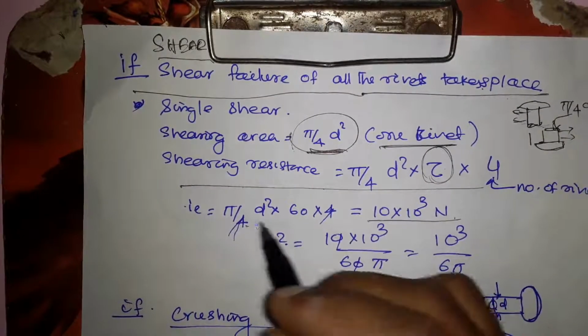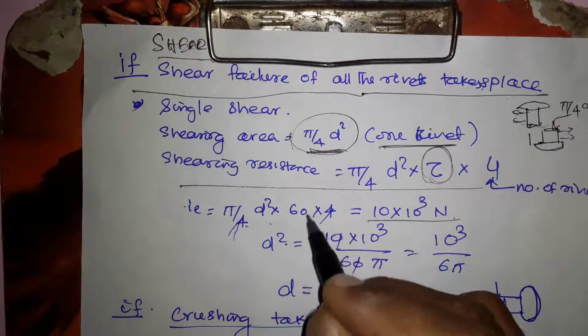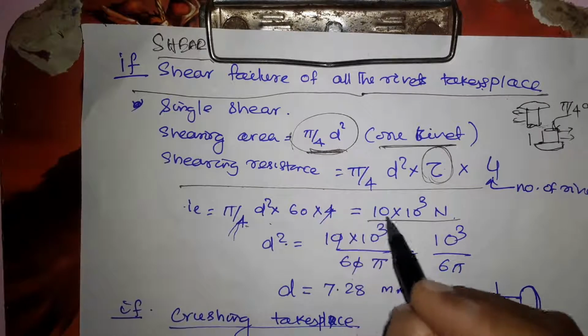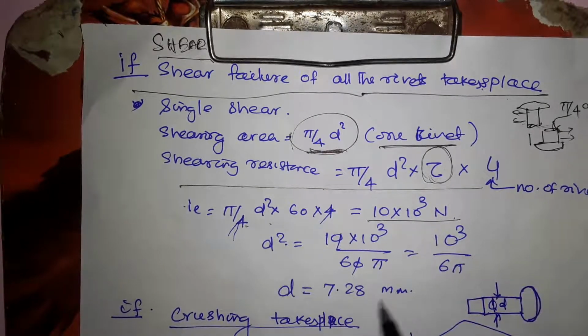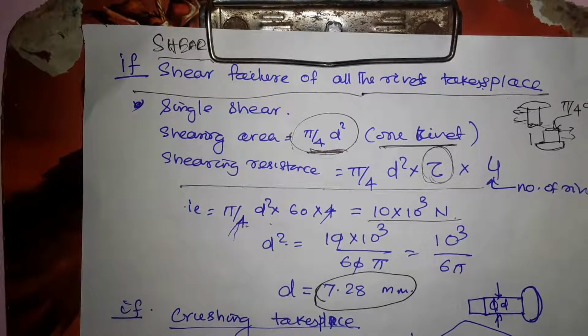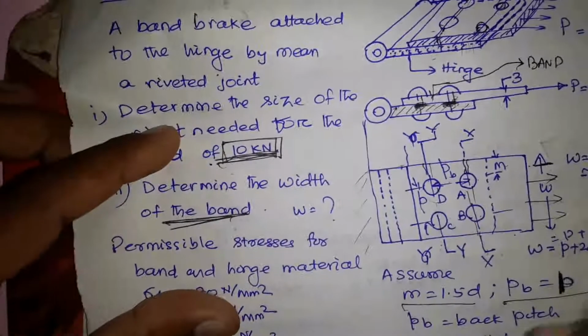So pi by 4 d square into 60 shear stress into 4 should be equal to 10, and we find the diameter of the rivet to be 7.28. So if you take the diameter of the rivet to be 7.28 millimeter, it will take 10 kilonewton load for this joint configuration.